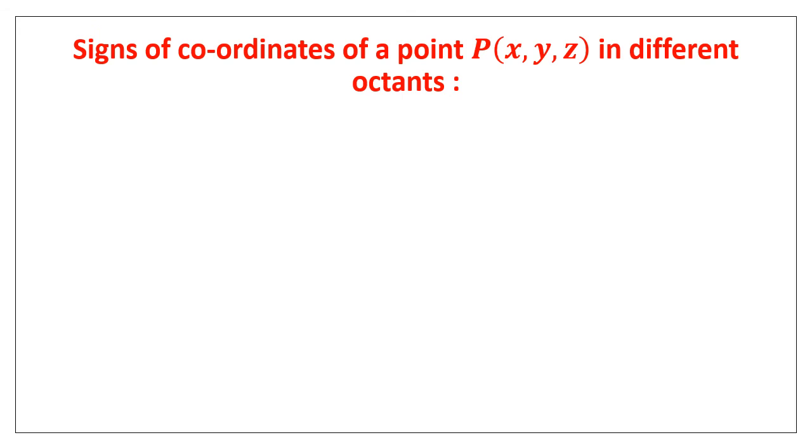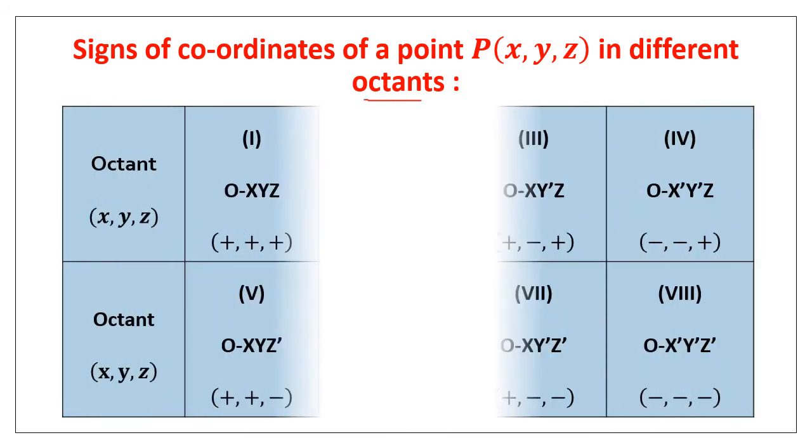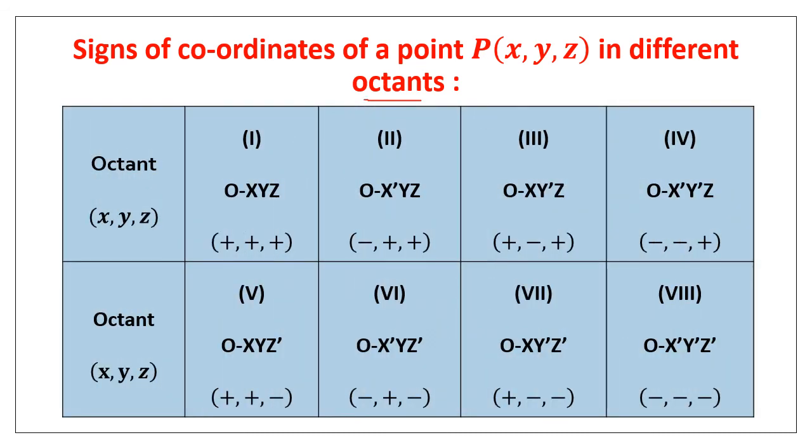Signs of coordinates of a point in different octants. See student, we have three mutually perpendicular axes x, y, z. Due to that we have 8 regions that are called octants. In the first octant all the signs are positive. In the second octant, x dash, y, z means signs minus, plus, plus.